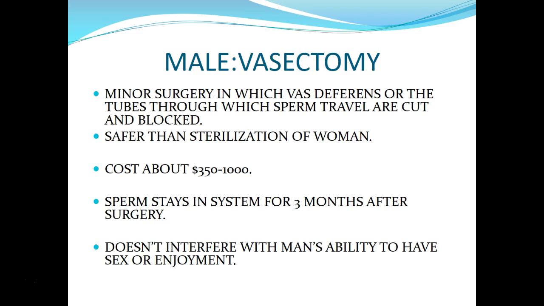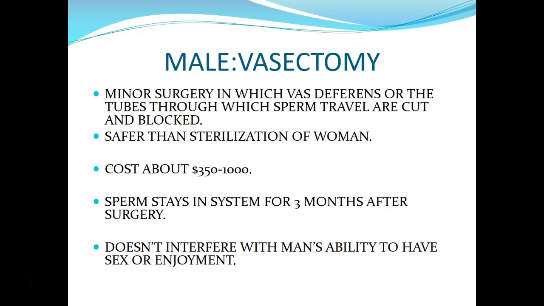The other surgical method that will help prevent pregnancy is the vasectomy. This is performed on the male. It is a very minor surgery, believe it or not, in which the vas deferens, or the tubes through which sperm travel, are cut and blocked. This is safer than tubal ligation, and it's much cheaper.